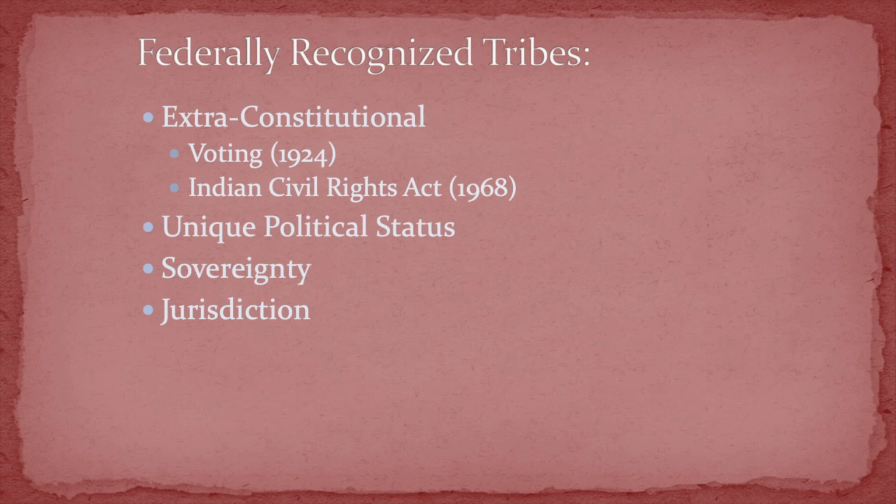Unique political status, sovereignty, and jurisdiction. So here's another way of thinking about and answering that question: that unique political status is in relationship with the federal government, not necessarily other nations, even though tribes have been trying to express their sovereignty through things like passports.